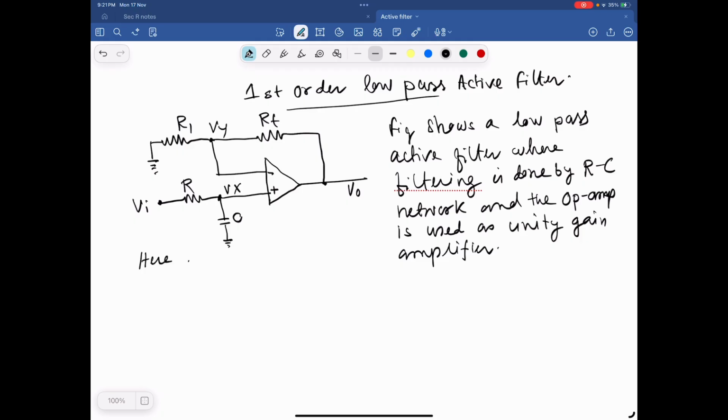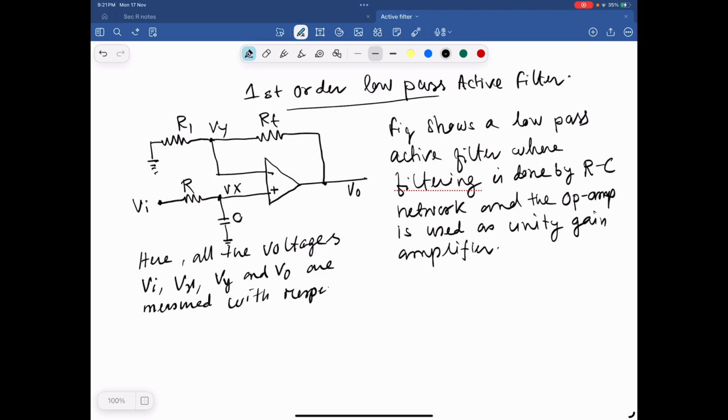So here all the voltages Vi, Vx, Vy and Vo are measured with respect to ground.